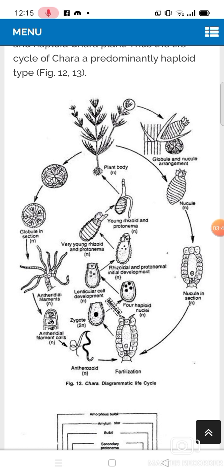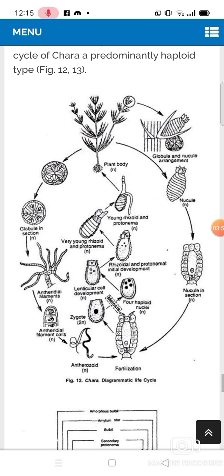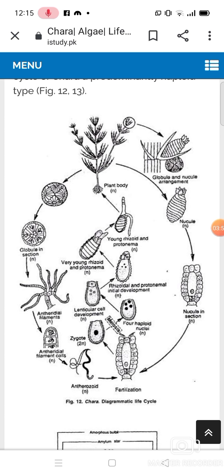The young rhizoid and protonema will develop into the plant body, which is the haploid plant of Chara.